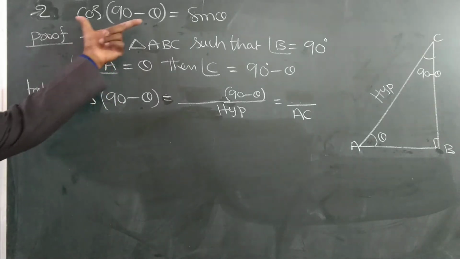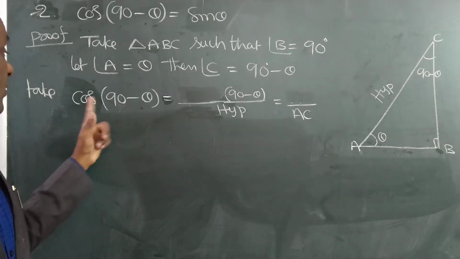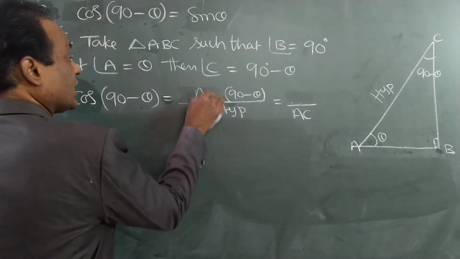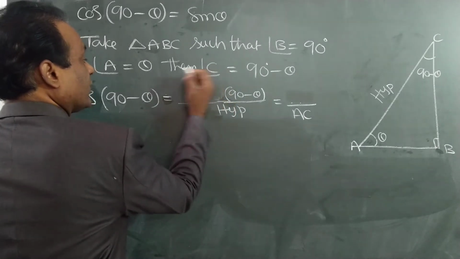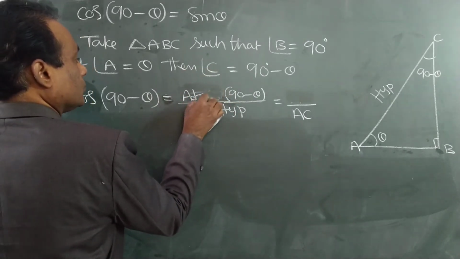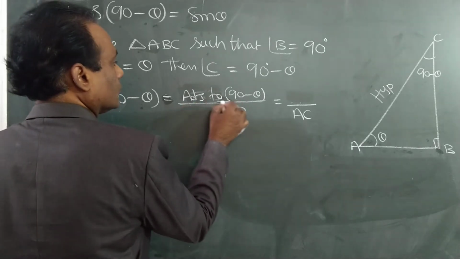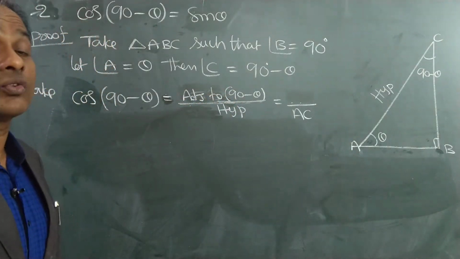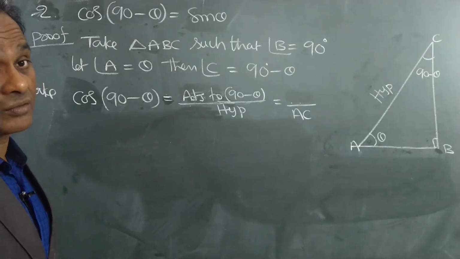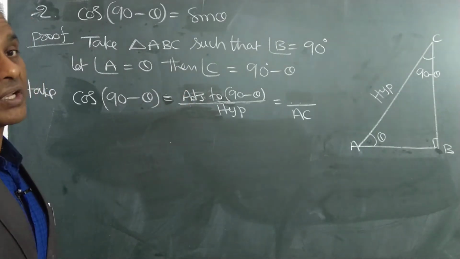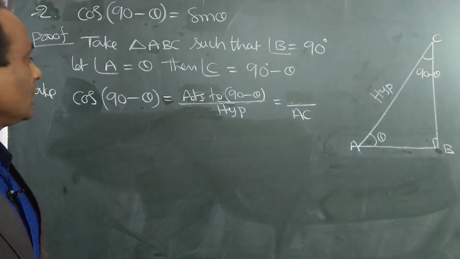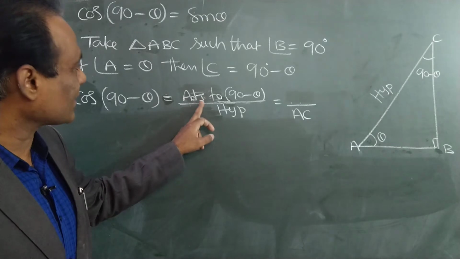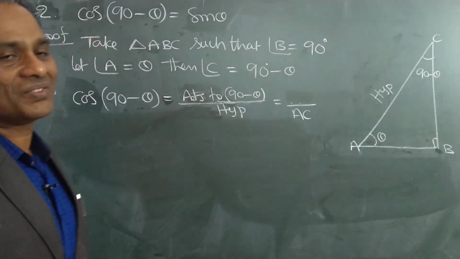Cos 90 minus theta. What is the cos definition? Adjacent by hypotenuse. Which angle am I taking? 90 minus theta. Whenever you use adjacent or opposite, write the angle also.